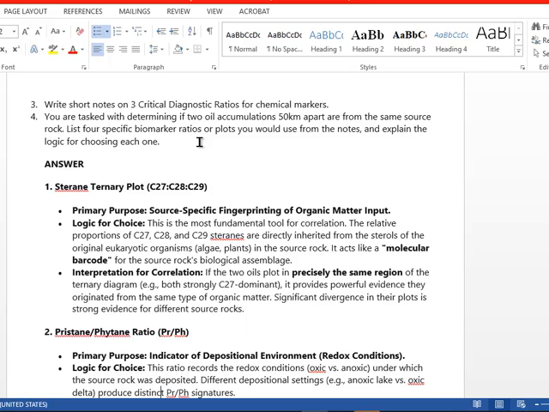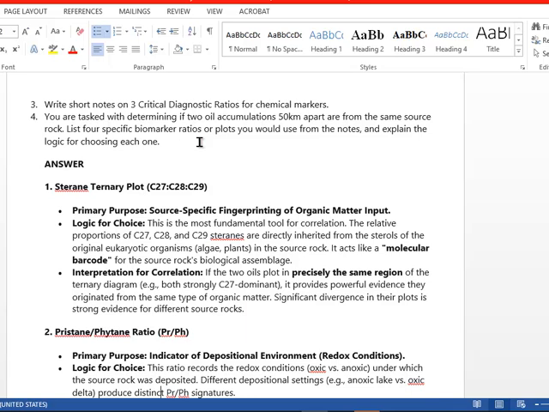But if the types of steranes are different, then they are definitely not from the same source rock.